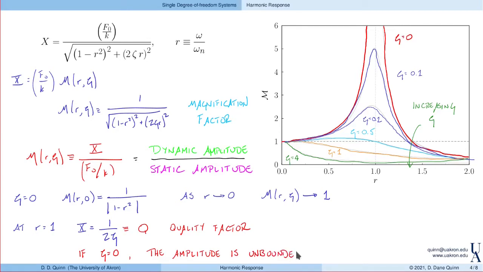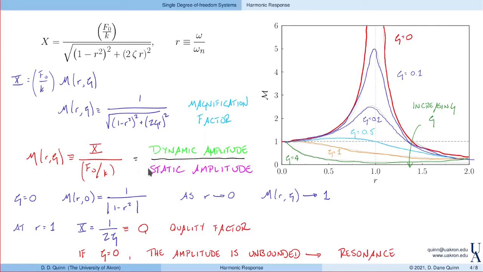We'll talk a little bit about that later, but we'll say that the system is in resonance. So for a small forcing amplitude, we can get a very large amplitude response when you're driven with low damping near resonance.